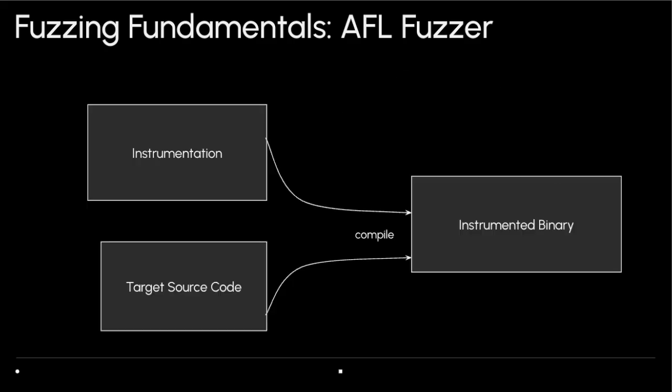One more piece of information before we move on is how does coverage actually get measured? AFL instruments the target at compile time. You give it the source code and it compiles a special version of the binary with tiny counters inserted at every branch point. And when that branch executes, the counter increments in the shared memory and the fuzzer can see it.